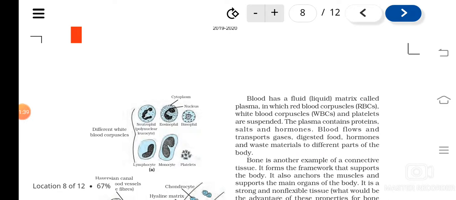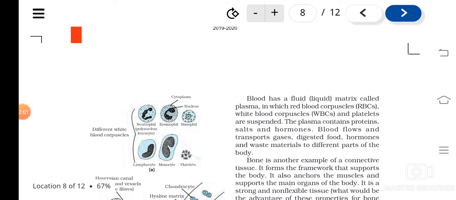First tissue that we are going to study is blood. Blood's speciality is that its matrix is fluid in nature. In this you can see different types of cells called RBCs, WBCs, and also platelets.